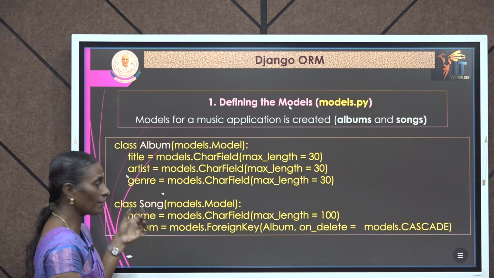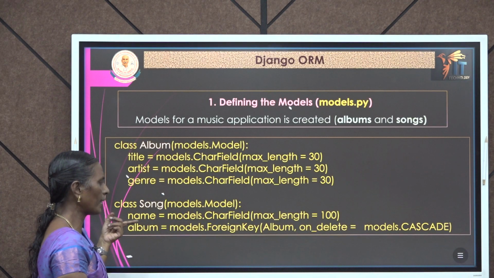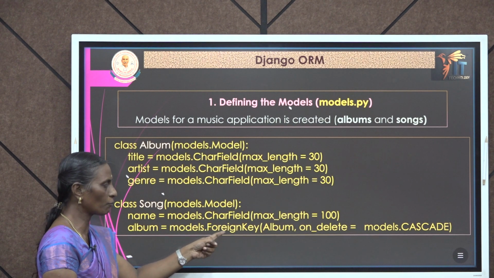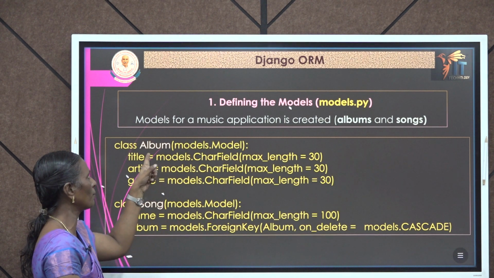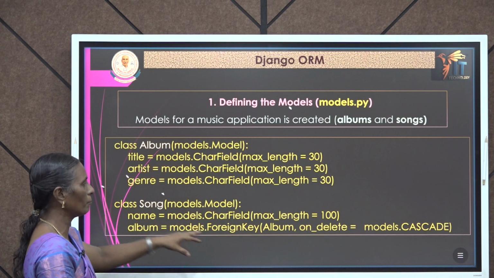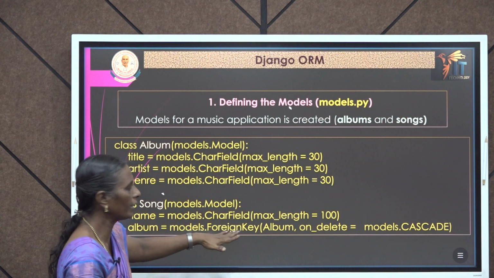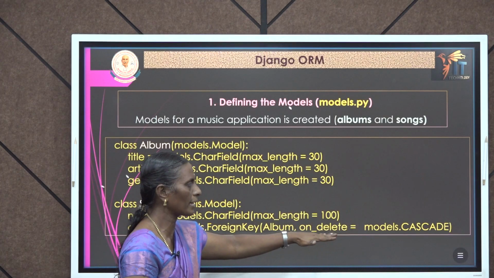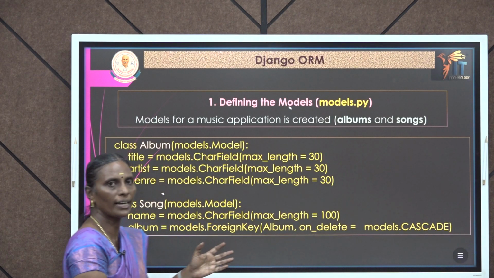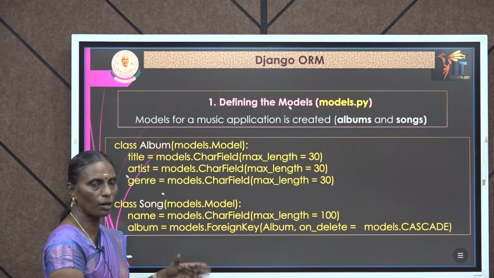And next we have another relational schema, song, in which 2 fields are name, and album, which is a foreign key, that is, song has been related to another relational database design, album. So it is represented in terms of a foreign key. Then a many to many relationship has been established, and we are setting up the constraint on delete cascade. So whenever we remove an album, automatically the songs in that album will be removed.